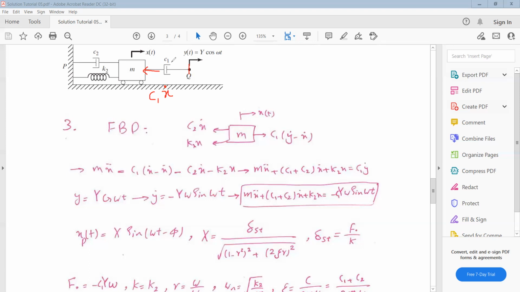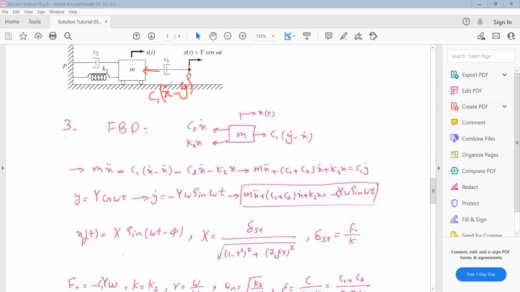So this damper is moving as a rigid body, and it doesn't create any force. So by increasing the velocity of point Q in the direction of y, this force will decrease. So the new force is x dot minus y dot.